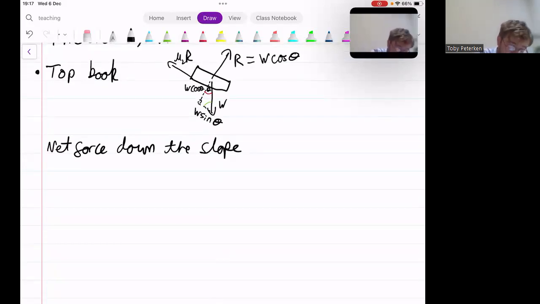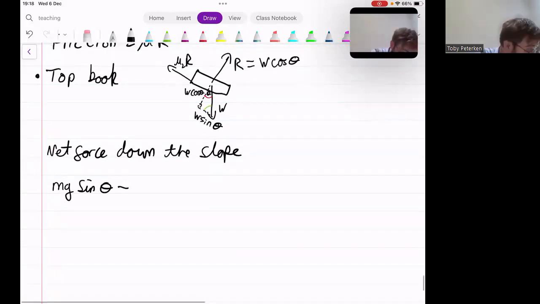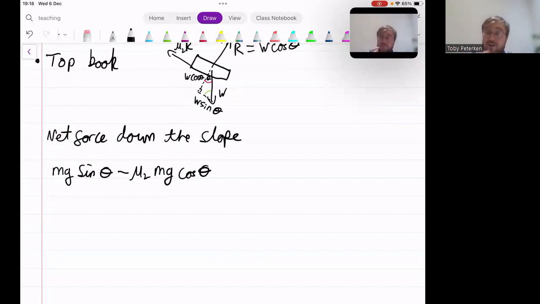The force down the slope is the weight acting in that direction, which is mg sine theta, take away the friction force, which is stopping it sliding down. That is mu2 times W cos theta, which is mg cos theta. And when this is on the very edge of slipping, this is equal to 0.